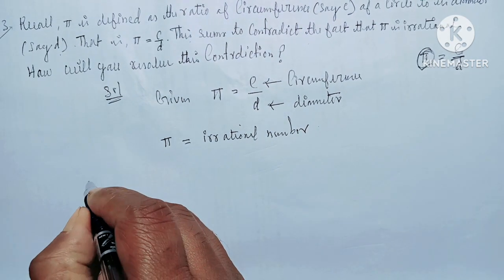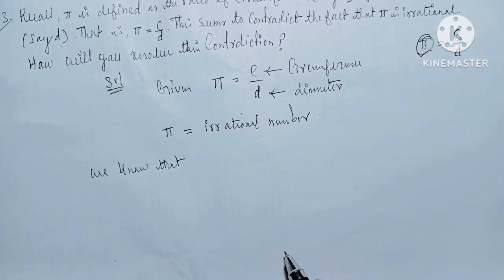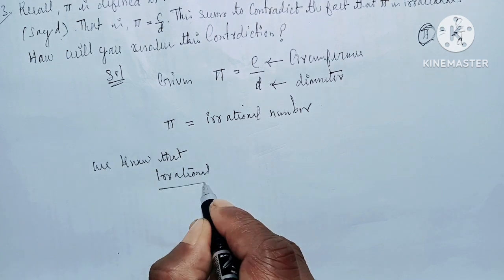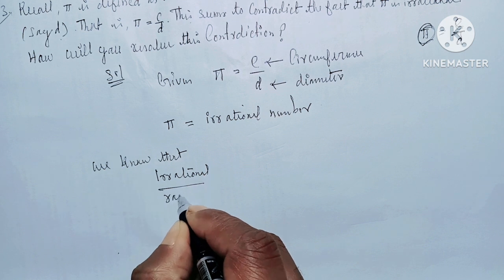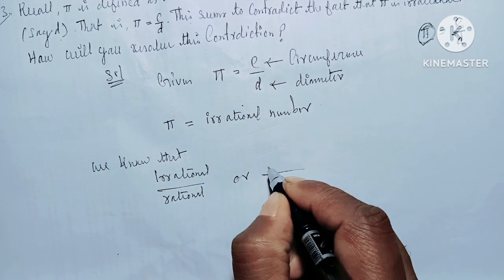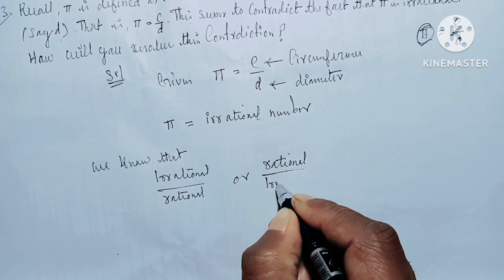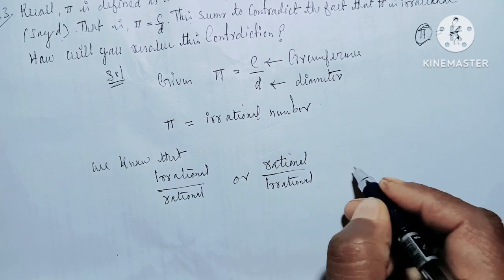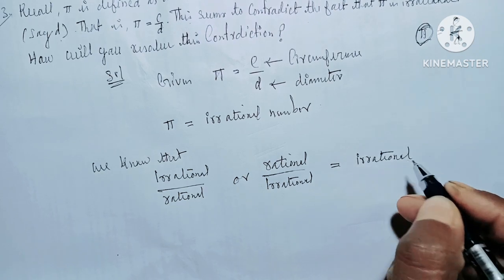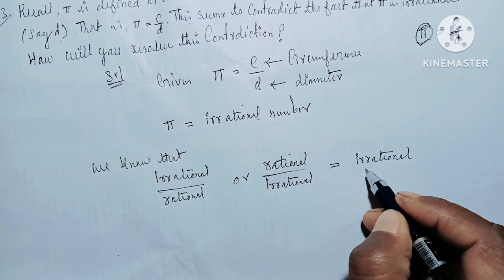As we know, irrational divided by rational, or rational divided by irrational, their result is always irrational.